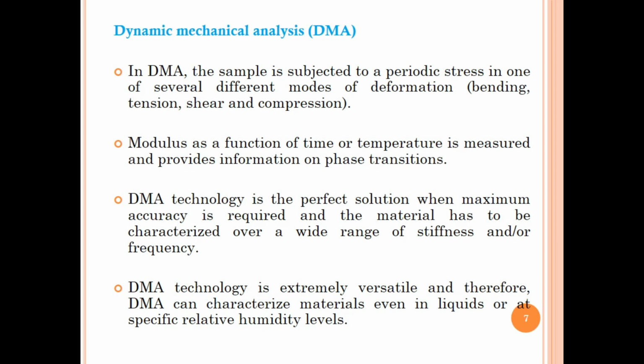DMA technology is the perfect solution when maximum accuracy is required and the material has to be characterized over a wide range of stiffness and or frequency. DMA technology is extremely versatile and can characterize material even in liquids or at specific relative humidity levels.